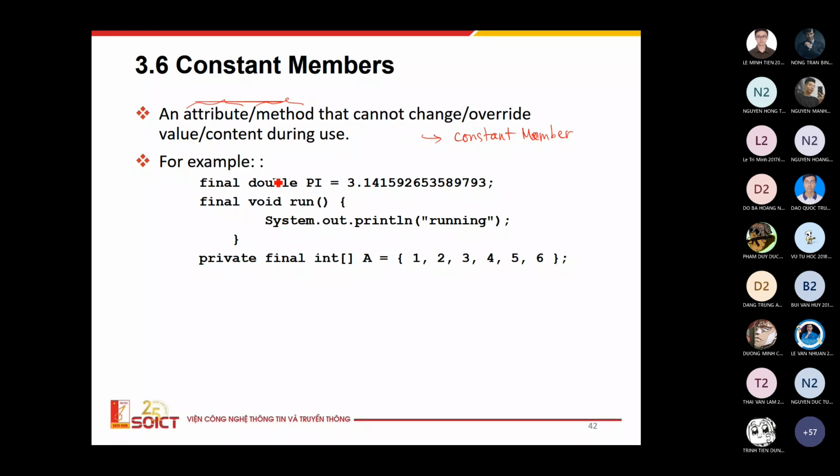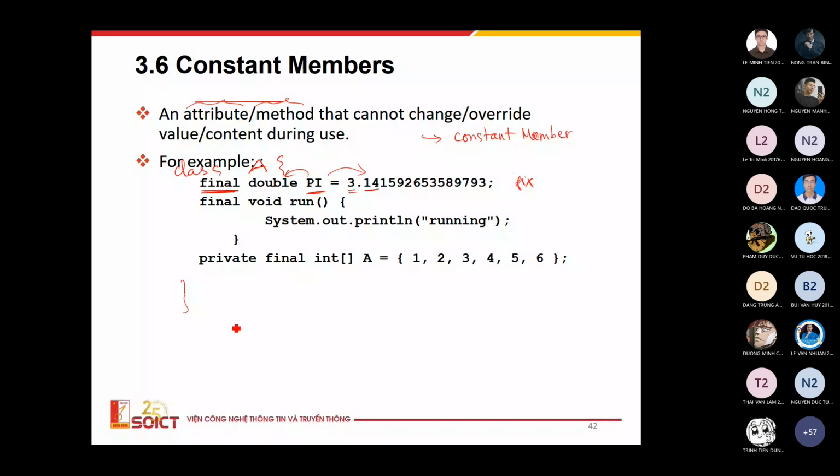For example, in your class, you have one class named A here. And in this class, you have one attribute named P of the type double. And P is always 3.17, and you want to fix it. So you can declare it final.